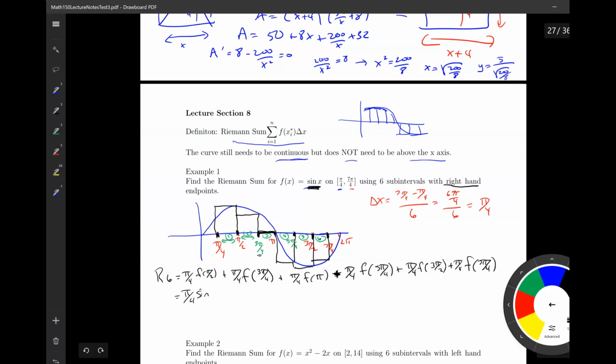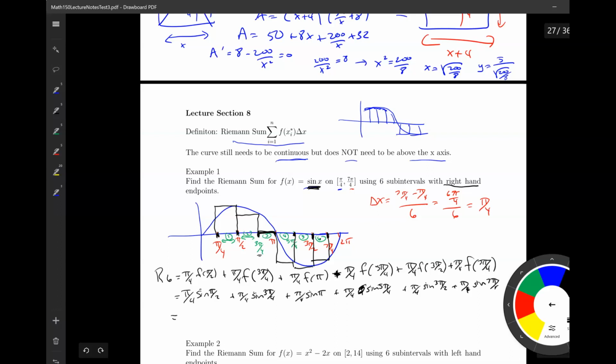I'm just going to take time to write it out: sine of pi over 2, sine of 3 pi over 4, sine of pi, sine of 5 pi over 4, sine of 3 pi over 2, and sine of 7 pi over 4.